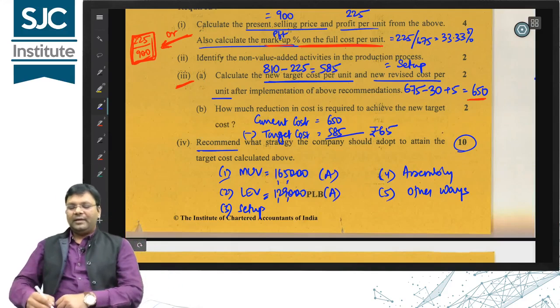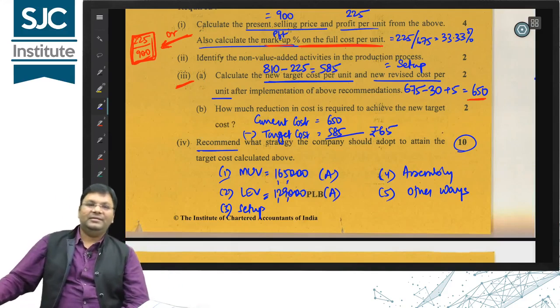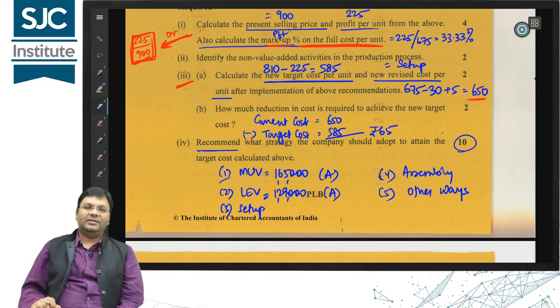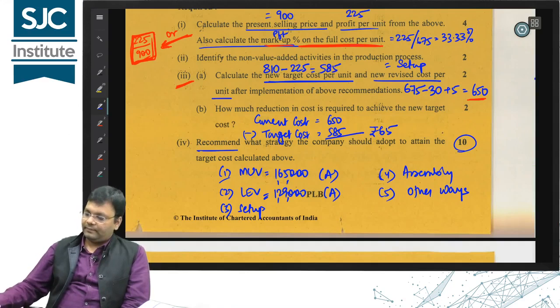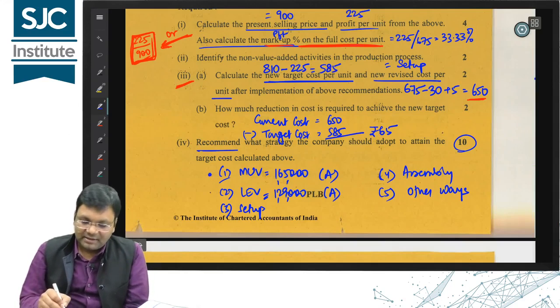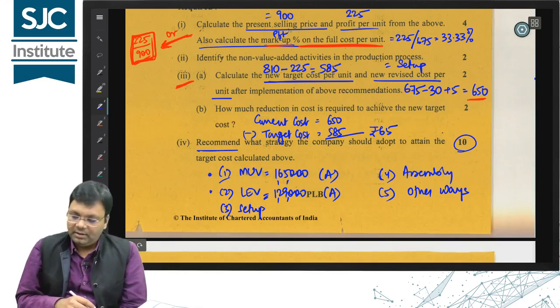Okay, so you can again convert this into per unit and say that the cost will be reduced by this much and that much, like 1,65,000 by 6,000 will reduce our cost by 27.5. 1,29,000 by 6,000 will reduce our cost by 21.5. So substantial cost can be reduced just by controlling MUV and LEV.